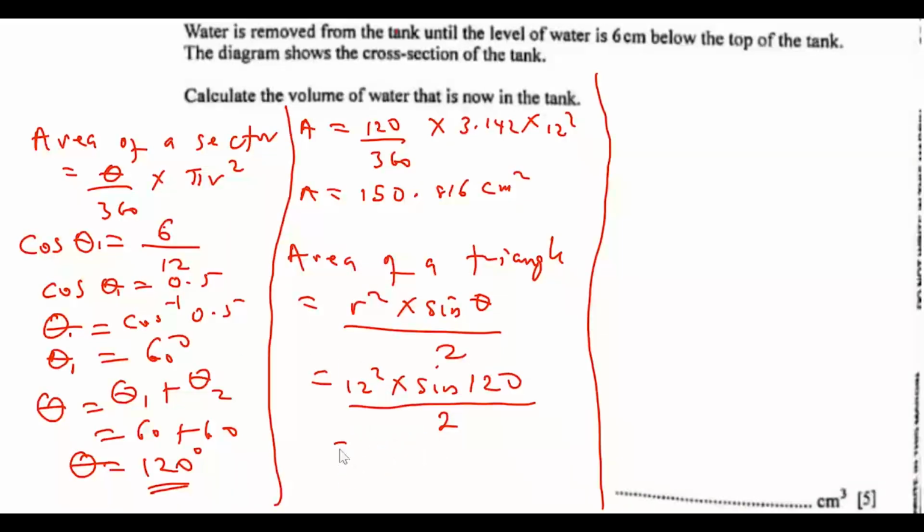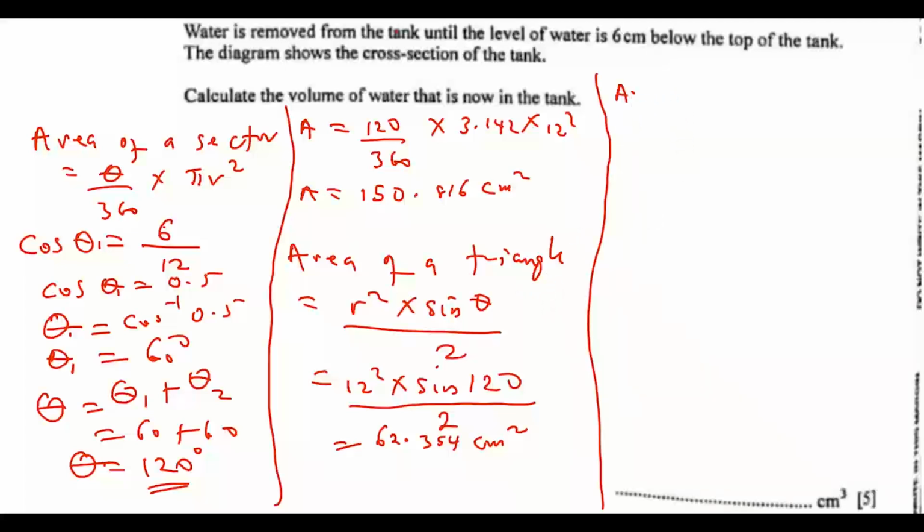You can input this into a calculator and get your answer straight away. This will give you 62.354 centimeter squared. That's the area of the triangle. So the area of the segment now.